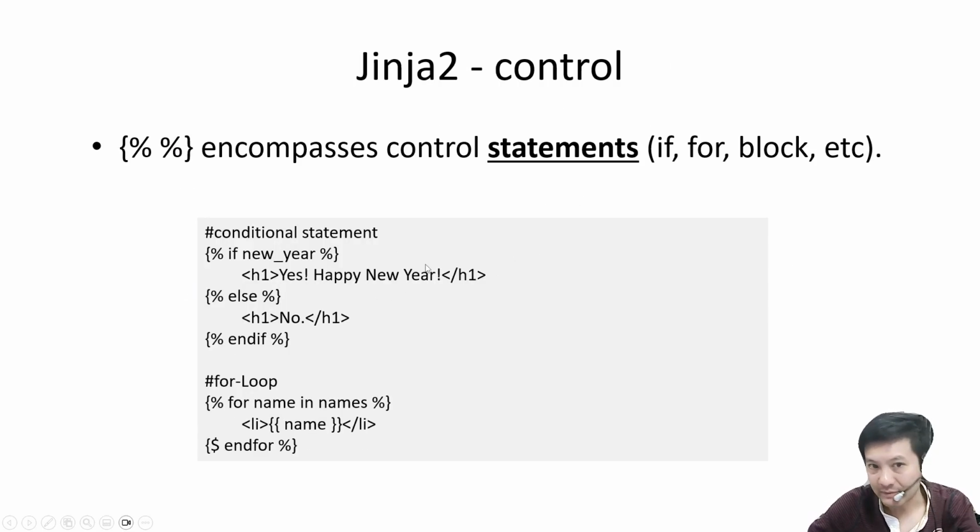And you can have a lot of statements. For example, if this is New Year, Happy New Year, true or false here, you can have a list of names, and then it will loop through the name values one by one. You can have a lot of programming constructs inside the Jinja 2 format. Just follow the document. It is quite easy.